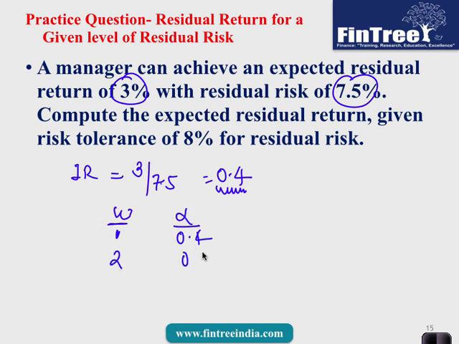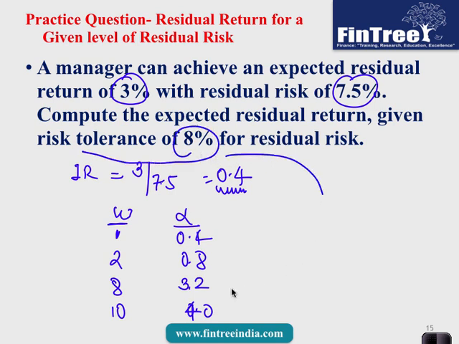If you take a risk of 2, you would get alpha of 0.8. If you take a risk of 8, you would get alpha of 3.2. Risk of 10 will produce an alpha of 4. So in this question, if we have a risk tolerance of 8%, then the residual return that we are looking at is 3.2%.